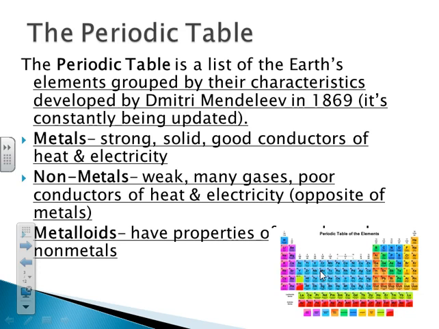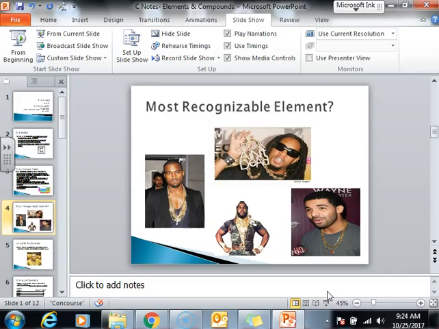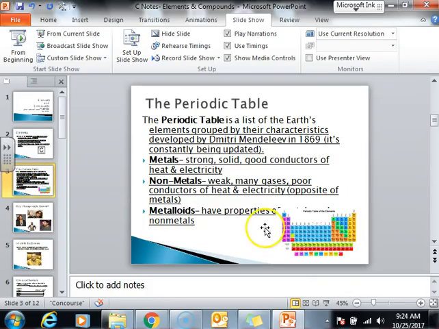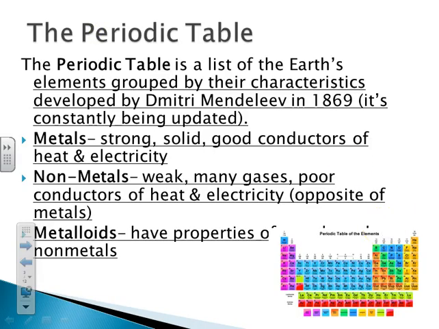And then lastly, the third type of elements on the periodic table are called metalloids. There's only 7 of them, and they're really strange. They're weird. They are a combination of metals and nonmetals. Oops, sorry. There we go. What that should say at the bottom is that metalloids have properties of both metals and nonmetals.